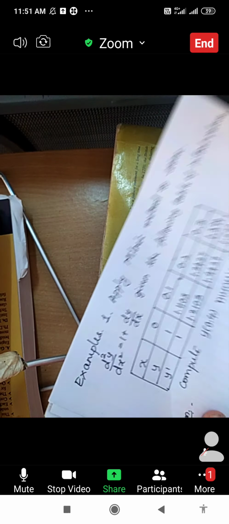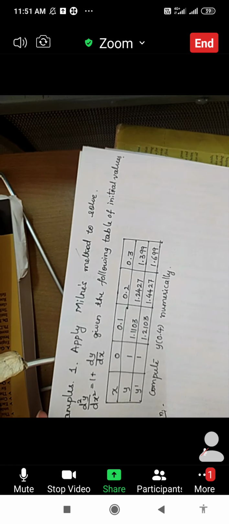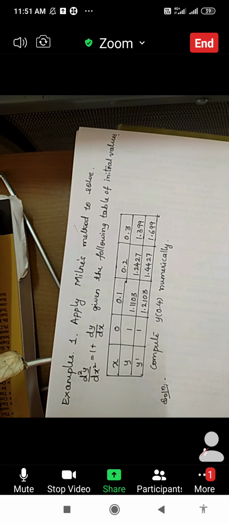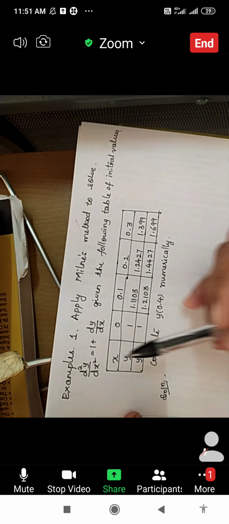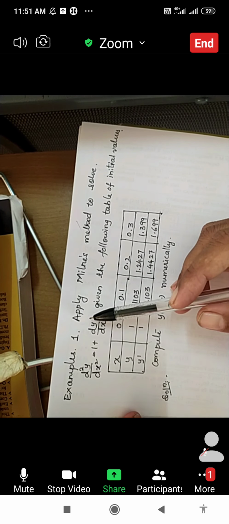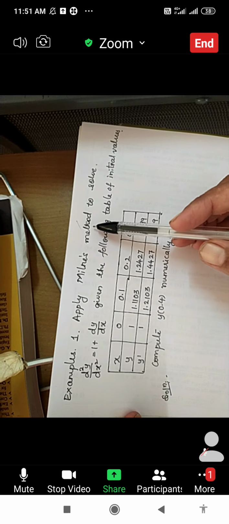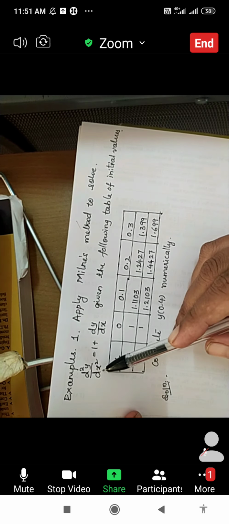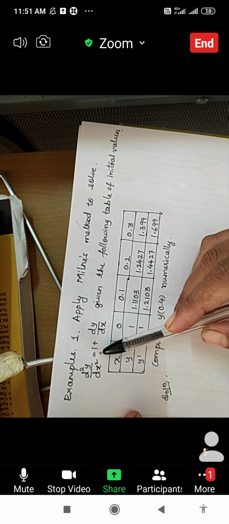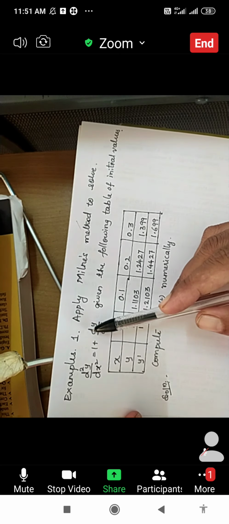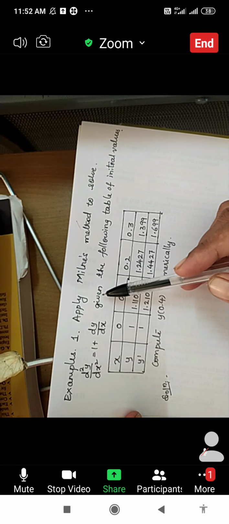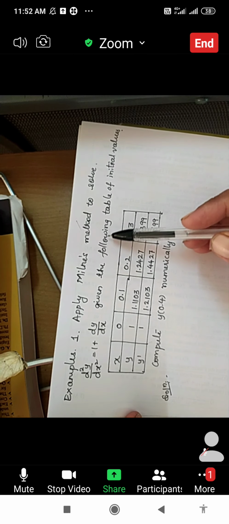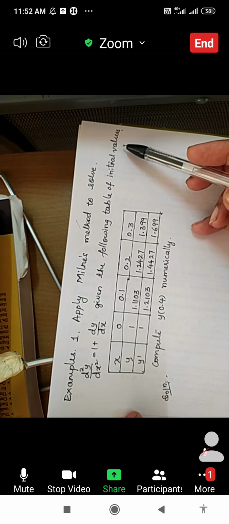Now let me begin with the first example here. If you want, just write it down. I'll dictate. Apply Milne's method to solve d square y by dx square is equal to 1 plus dy by dx, given the following table of initial values.